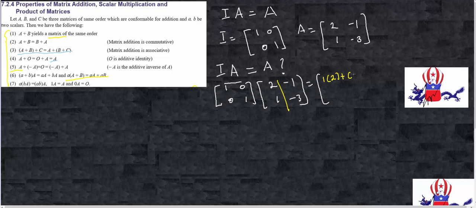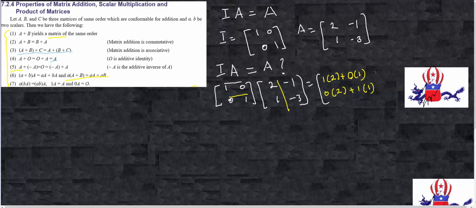So that is the question. Now I is 1, 0, 0, 1. That's the identity matrix. That has to be multiplied with 2, -1, 1 and -3. Now this would give me row multiplied with the column. So that is going to be 1 multiplied with 2 added with 0 multiplied with 1, row with the column, 0 multiplied with 2 added with 1 multiplied with 1.